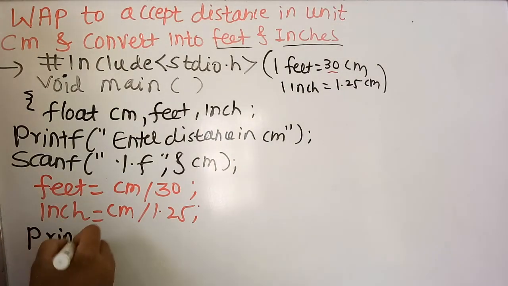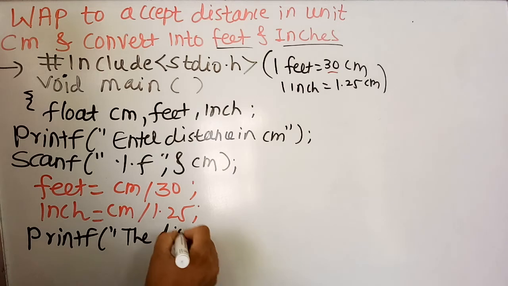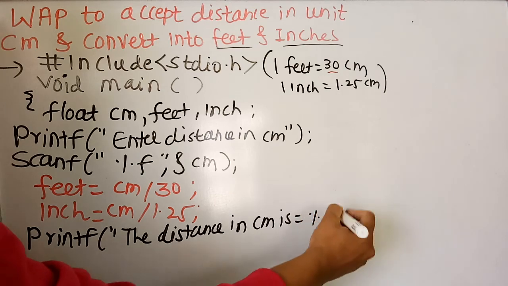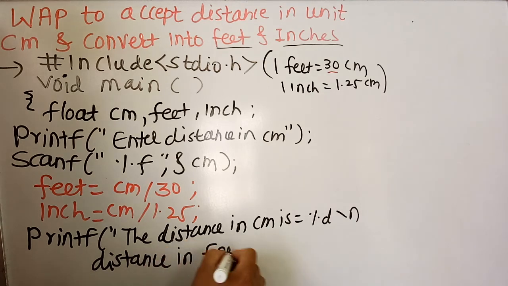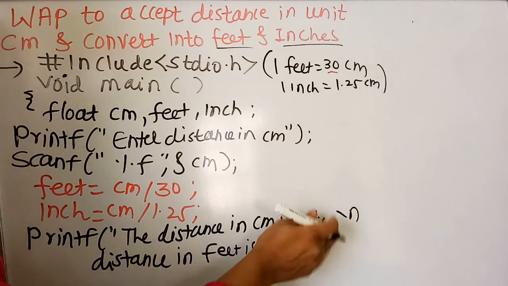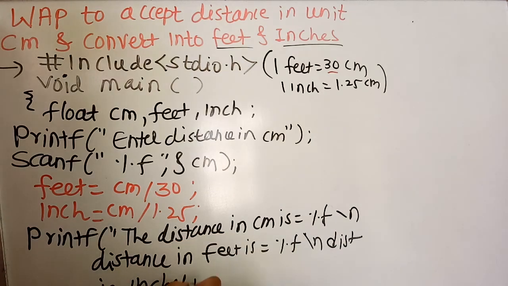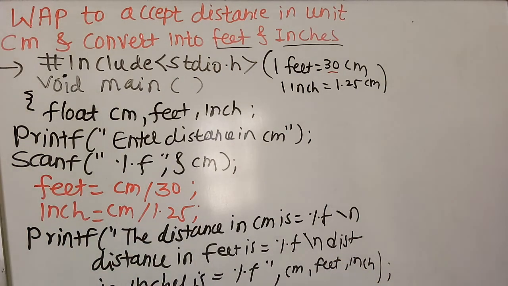Now we will write the converted answers, that is, the distance in centimeter is %f slash n, distance in feet is %f slash n, distance in inches is %f, and now we will write the variables centimeter, feet and inch and semicolon. And now this is the completion of the program.